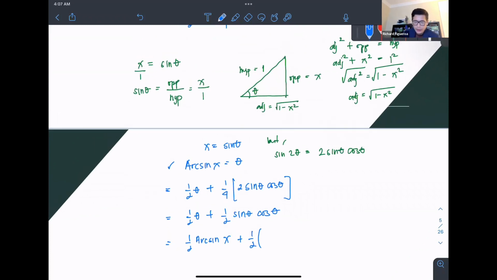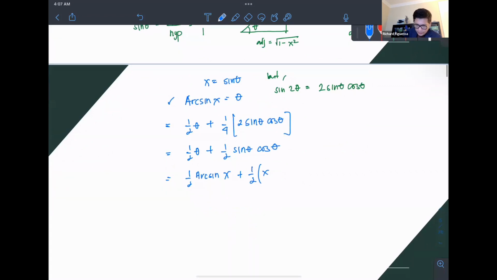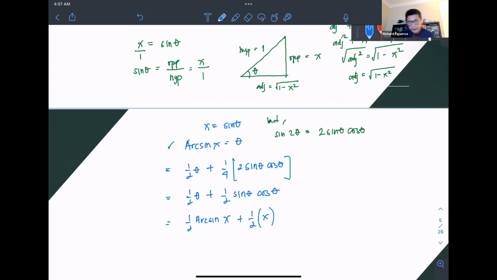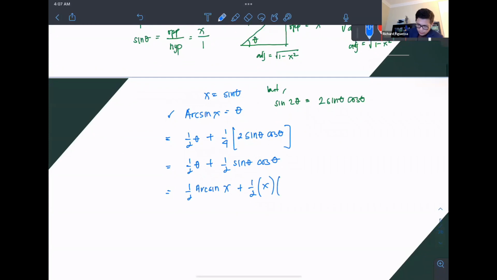Sine theta is opposite over hypotenuse. Actually, it's already in the given that sine theta is x. Then cosine theta is adjacent over hypotenuse. The adjacent is the square root of 1 minus x squared, and the hypotenuse is 1.